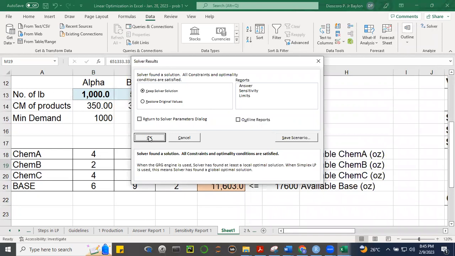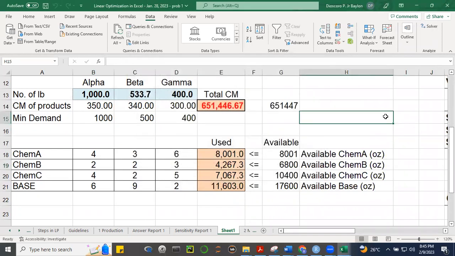Okay, solver found the solution. All right, what happened? May napansin ba kayo, class? Of course. Nag-increase po yung product. Anong product? Yung CM products po.